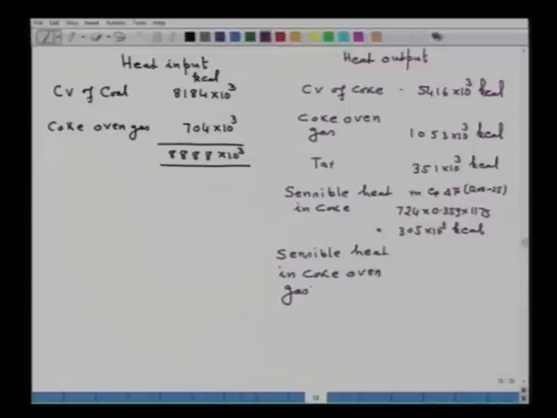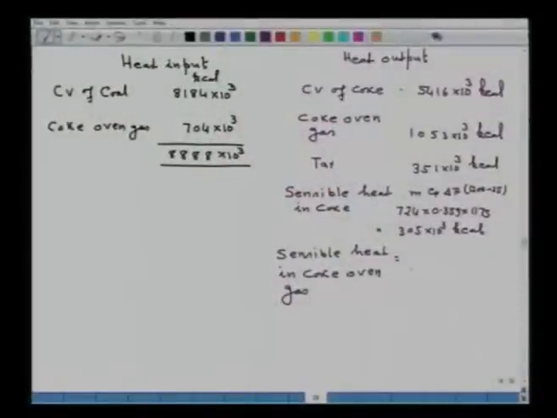Again mCp delta T, and if one calculates sensible heat in the coke oven gas by taking, for example, Cp as 0.965, and if we calculate the sensible heat of the entire amount of coke oven gas, which is 349 meter cube, then the sensible heat in coke oven gas corresponds to 174 into 10 to the power 3 kilocalorie.